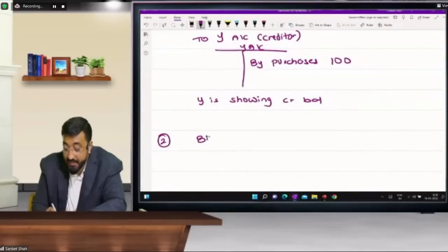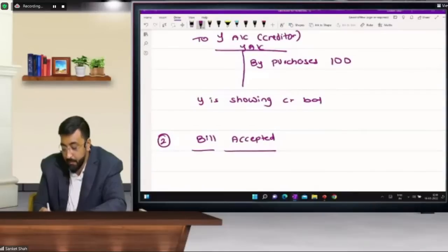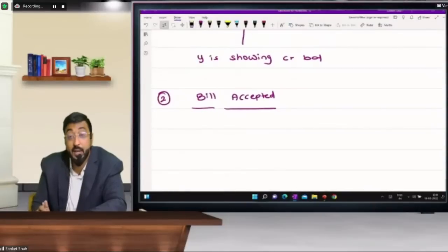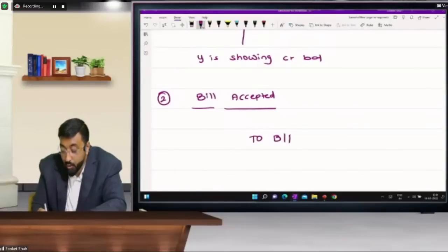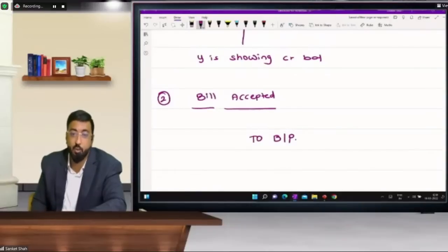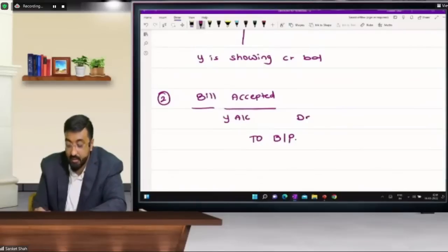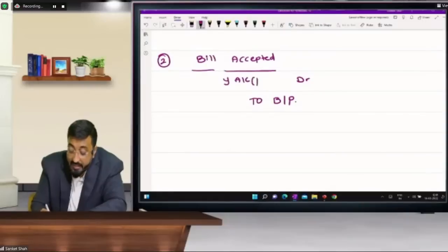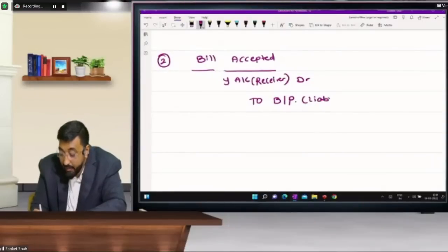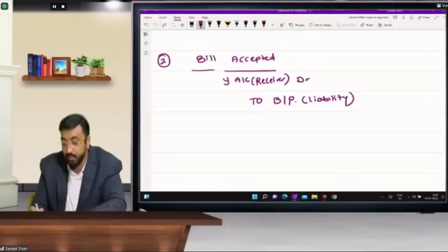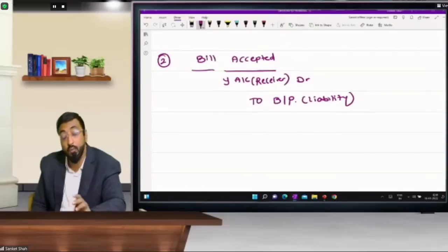Second one, bill accepted. X accepted the bill. Accepted means payable. So here he will open bills payable, not bills receivable. And Y account is getting cancelled. In Y's books it is an asset, bills receivable.